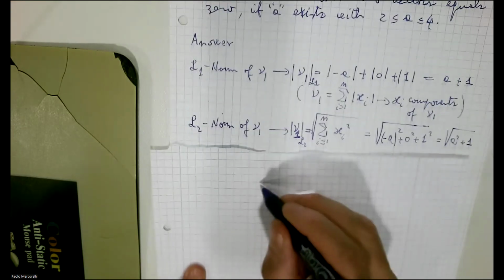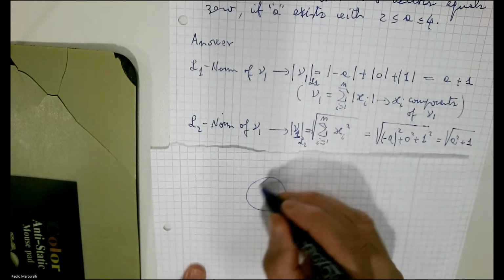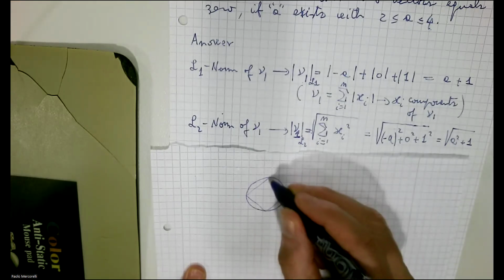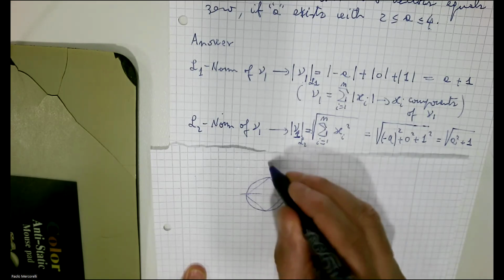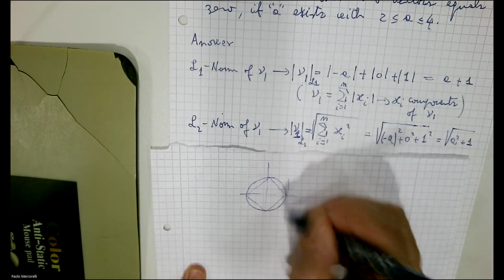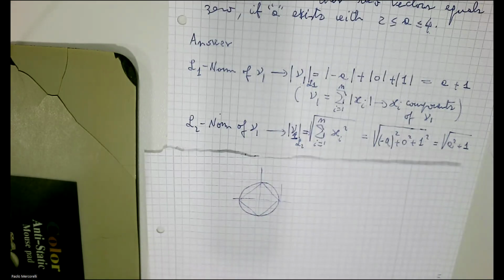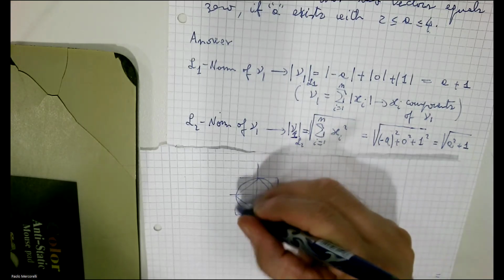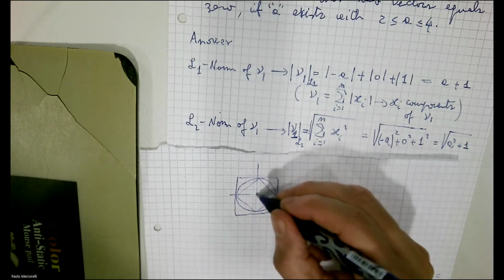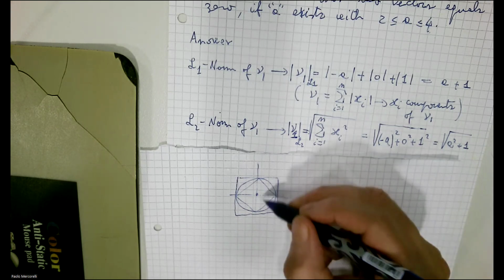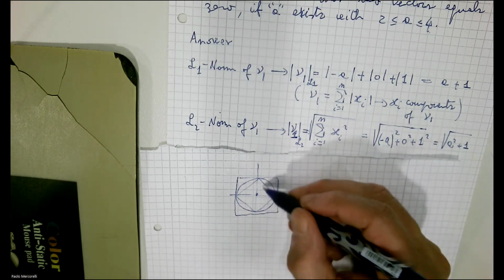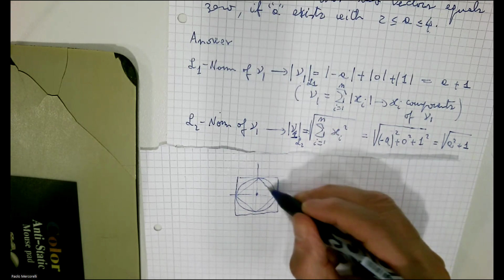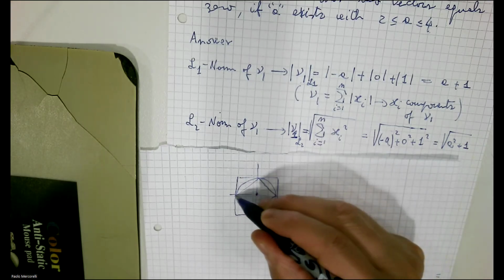You remember this? I will not put this in the exam. Do you remember this lecture? I didn't put any exercise on this topic. The norm L1 is a circle with this one.